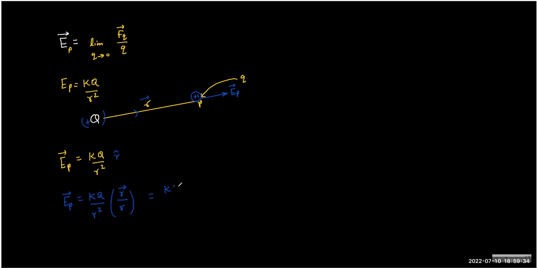I hope you know the definition of unit vector. We have done this in the beginning. Yes. So these are two ways of writing the electric field of a single charge. Now, what you need to realize is that the formula that we have derived is only for a single particle or single point-like charge.